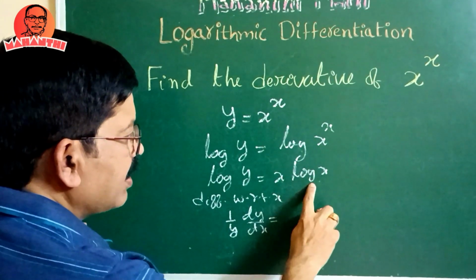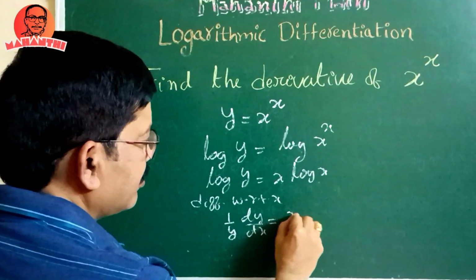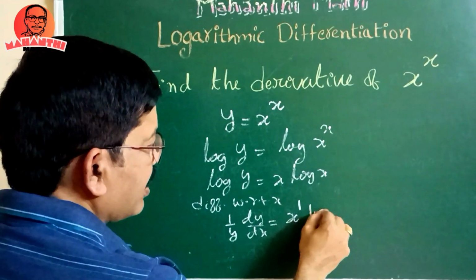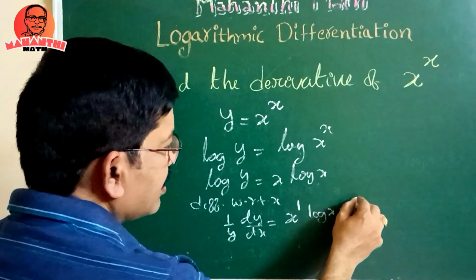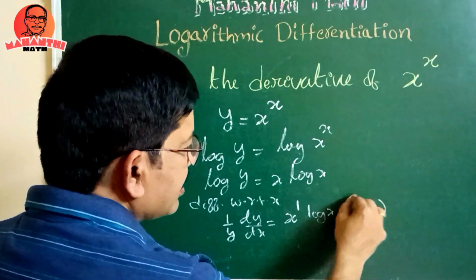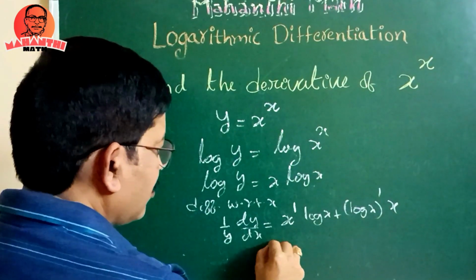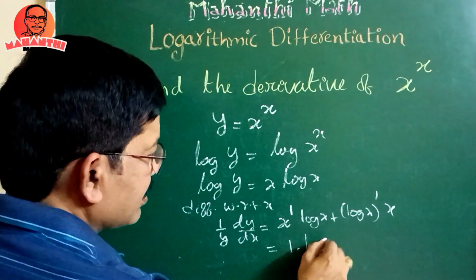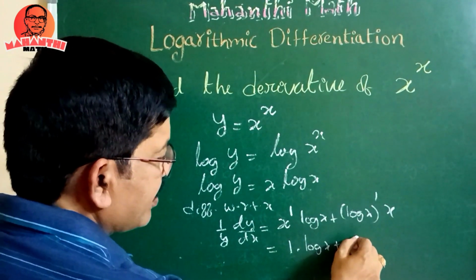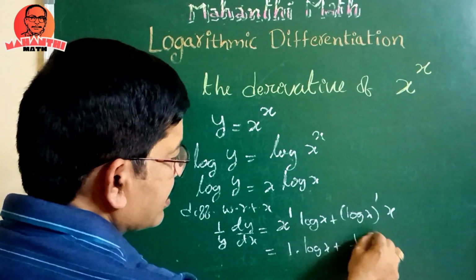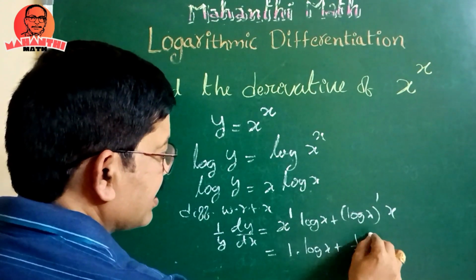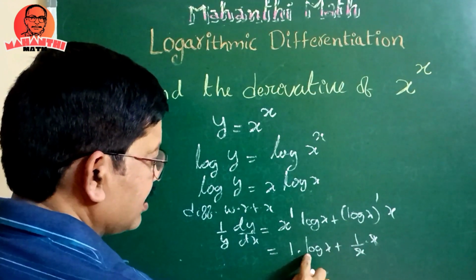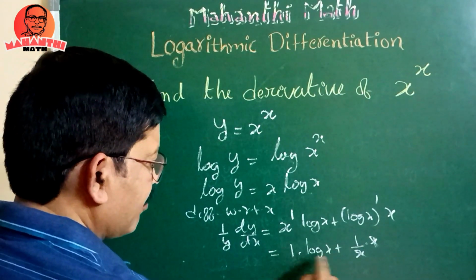U dash v plus v dash u. x dash log x plus log x dash into x. What is x derivative? 1 into log x. What is log x derivative? 1 by x into x. This x and this x cancel. This is 1 only. This is log x. So you can write 1 plus log x.